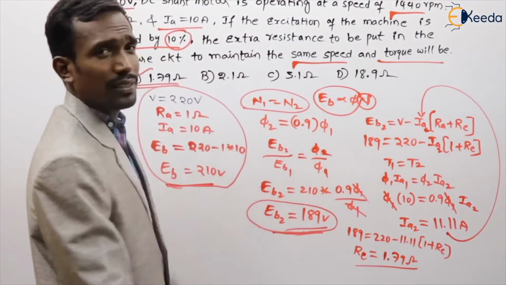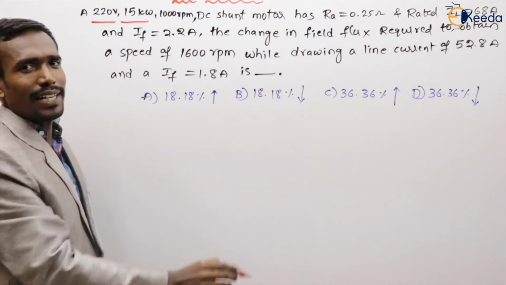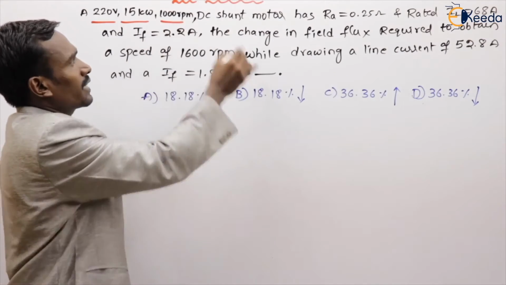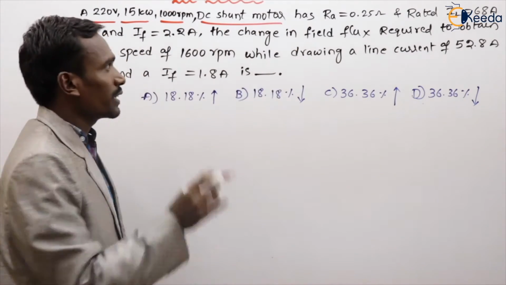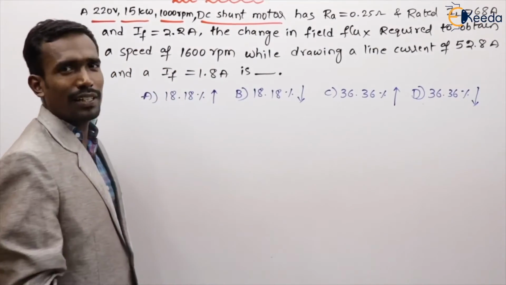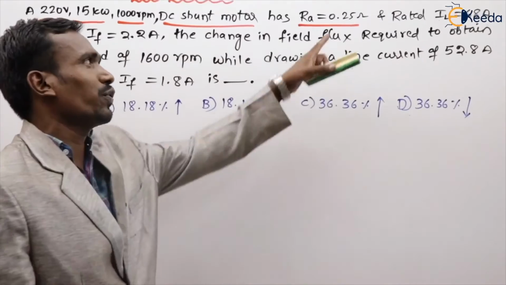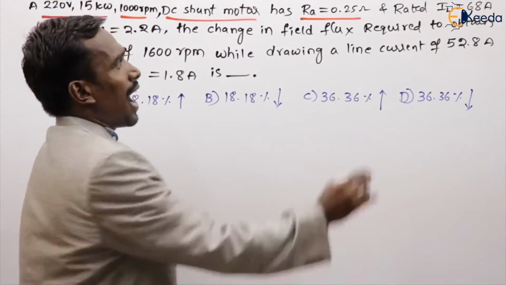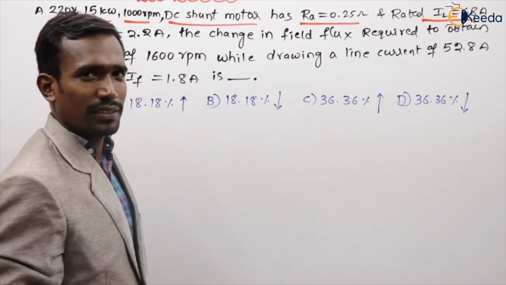This is your answer. Now see the next problem: a 220 volts, 15 kilowatts, 1000 RPM DC shunt motor has armature resistance of 0.25 ohms and a rated line current of 68 amperes.